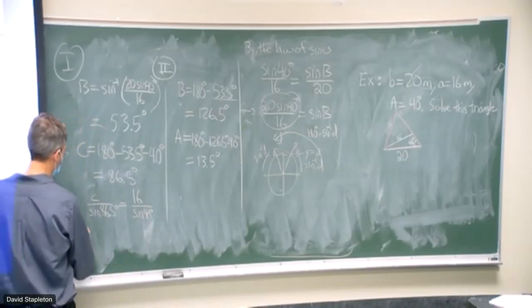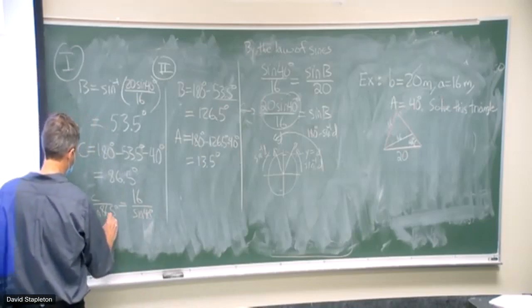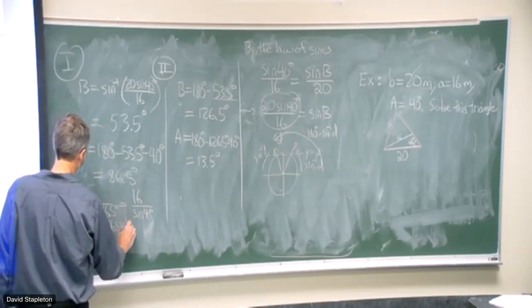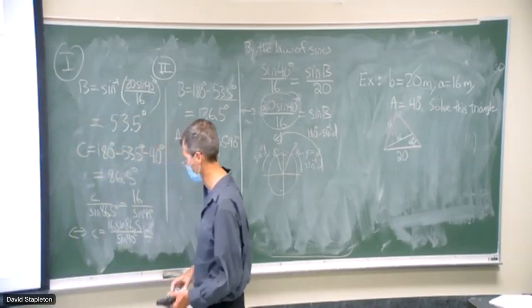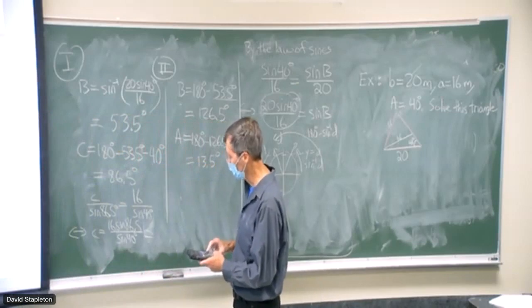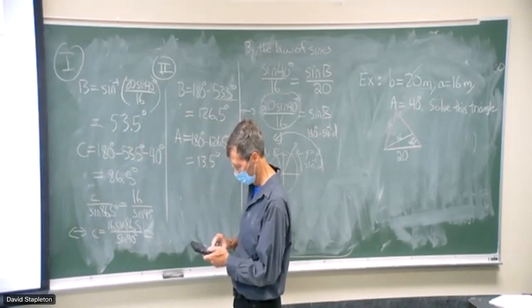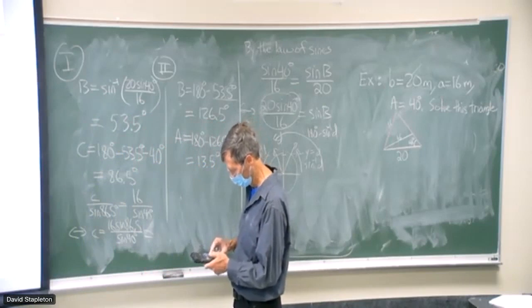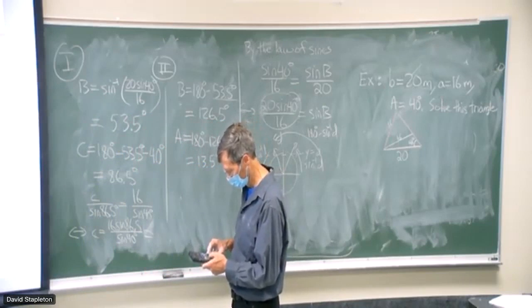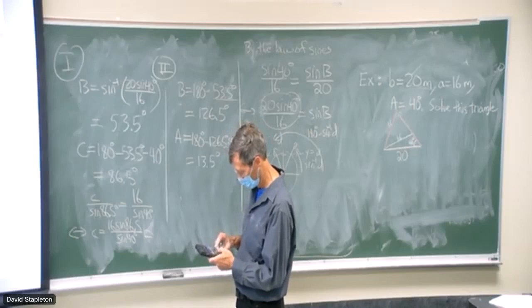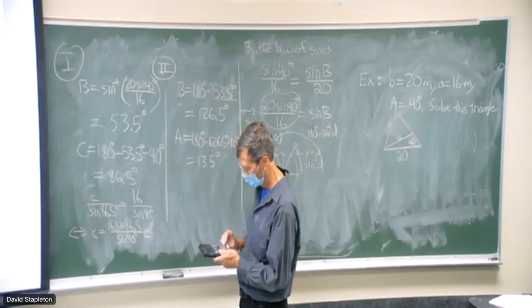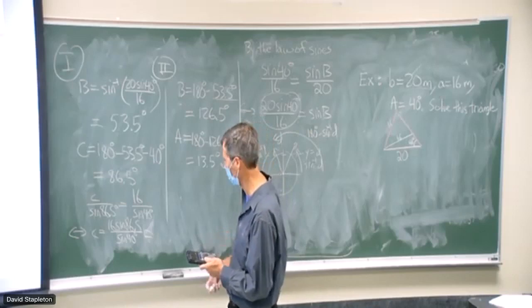Now if I multiply that by sine 86.5, I get c equals 16 sine 86.5 over sine 40. I can run that on my calculator: 16 times sine 86.5 divided by sine 40 is 24.8.